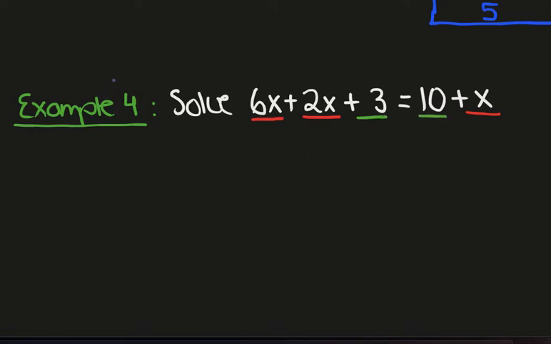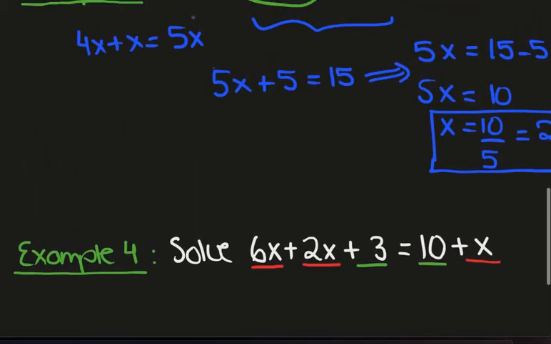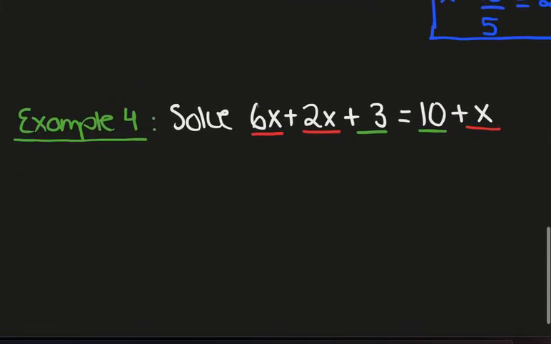Okay, so proceeding just as we did in this example, let's add these like terms. So 6x plus 2x gives me 8x, then I'll have a plus 3, which I can't change for the moment, and I'll leave the right hand side alone. Now I want to get all the x's on the left hand side. Remember, the goal of algebra is to isolate the x term.